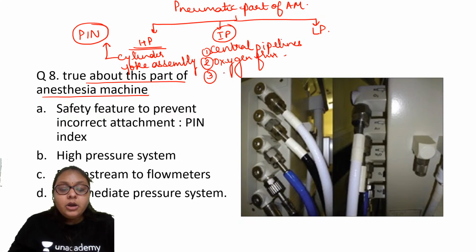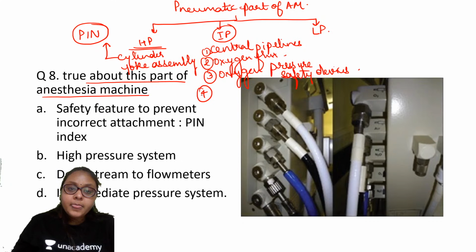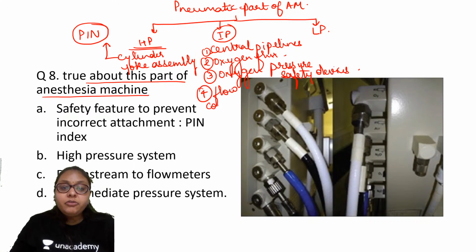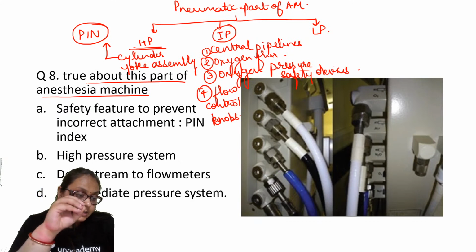Third, oxygen pressure failure safety devices. And fourth, the flow control knobs. So these are the features, these are the parts of the intermediate pressure system.